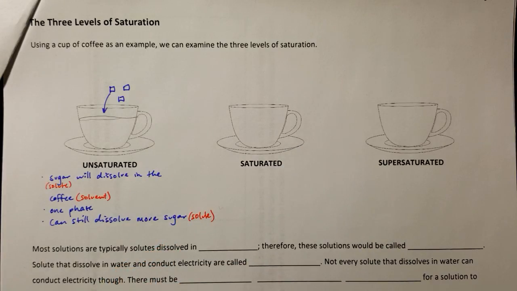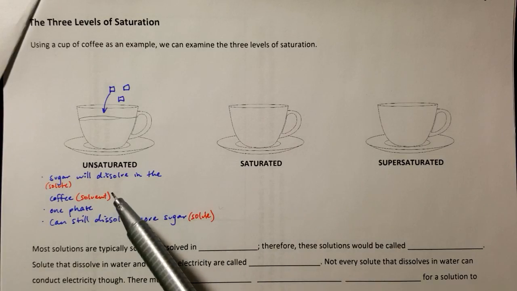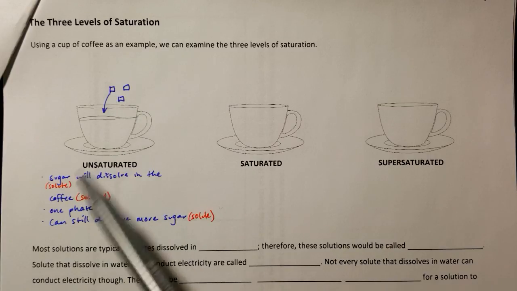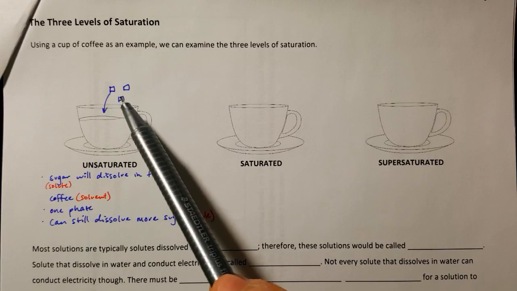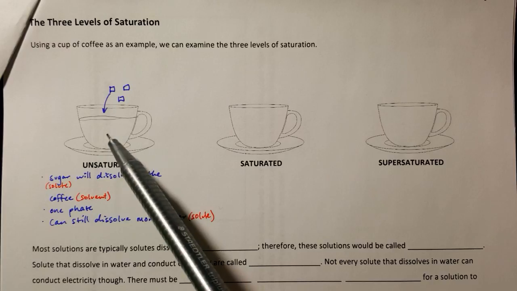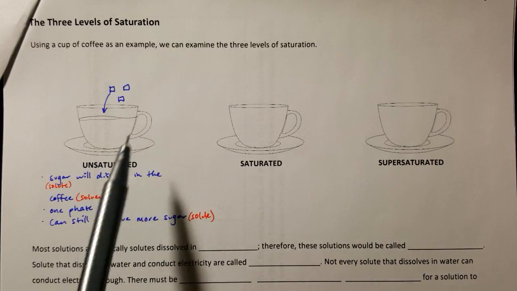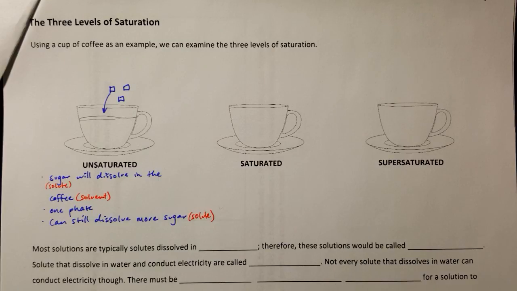So an unsaturated solution is basically a solution in which you have not reached the maximum capacity of solute. You can still put more sugar into the solution or more solute into the solution and it will still dissolve. And what you'll see here is only one phase.